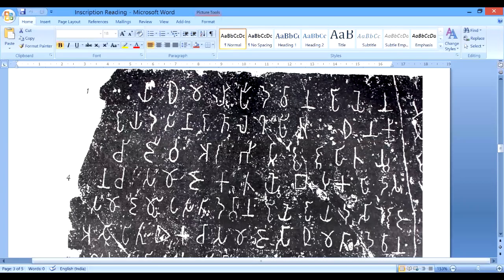Some scholars have transcribed piena. Some scholars transcribed priena. Okay, both possible. Priena in Sanskrit style, piena in Prakrit. So both are possible. So we can say priena. So this is the first line. Okay. Then the second line.